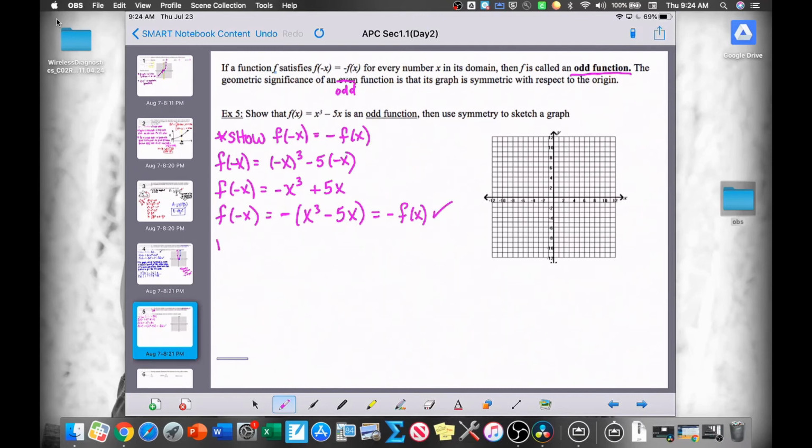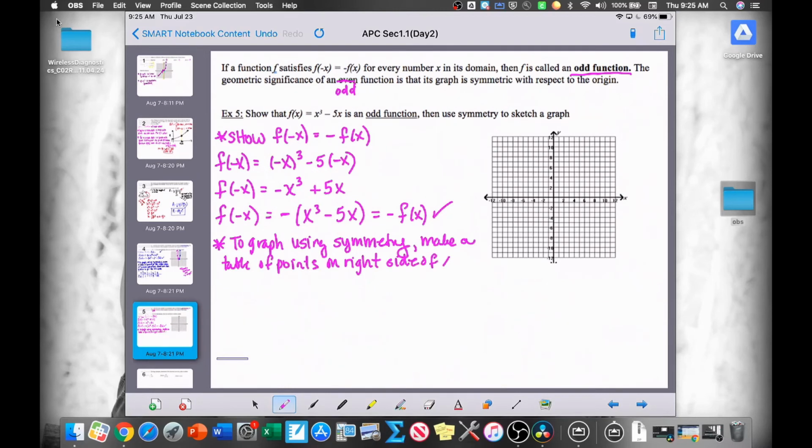And so now, if we're going to graph an odd function using symmetry, make a table of points. And again, I'm just going to say on the right side, but you could certainly do the left.